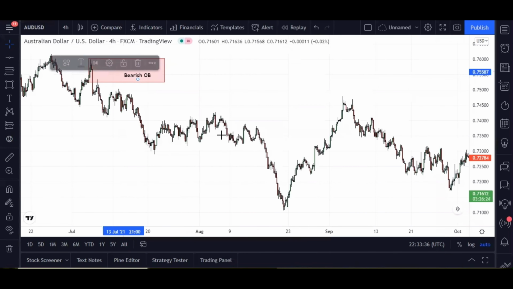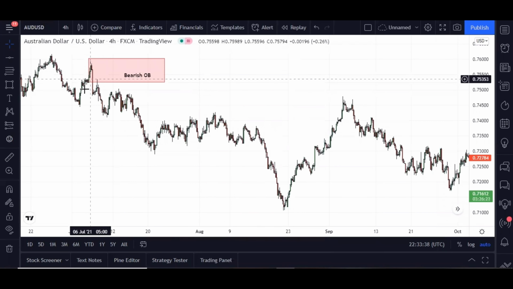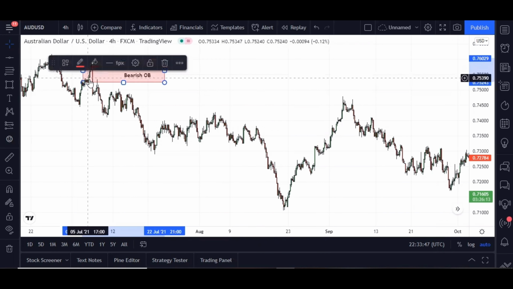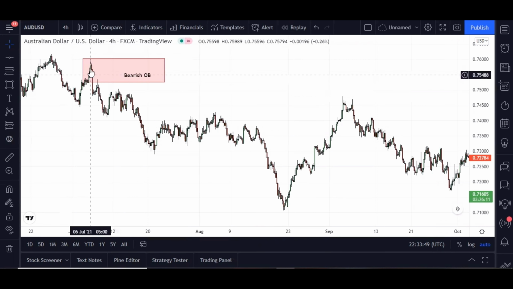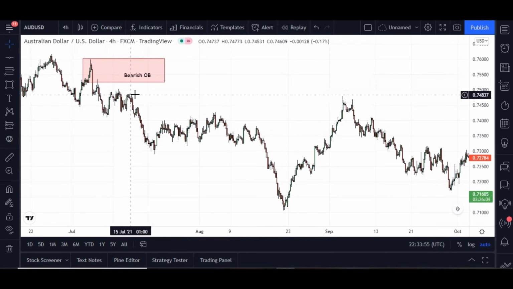And we notice there's a bearish order block because here we have a series of up close candles, a series of bearish candles, before price aggressively trades away to the downside, creating an imbalance. Remember, the imbalance is little to no retracement.